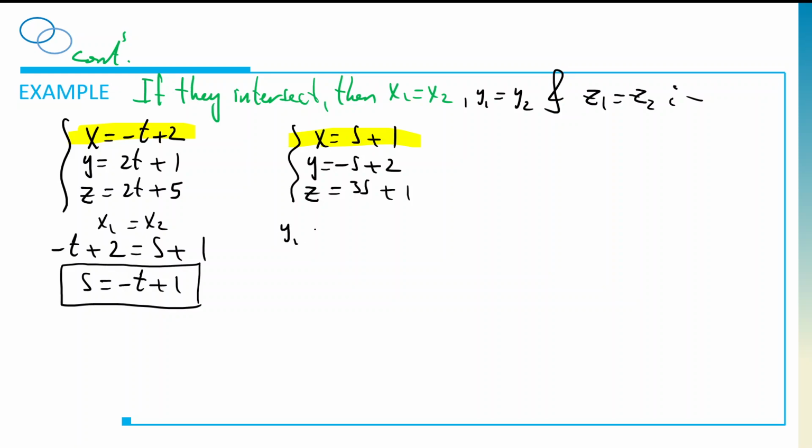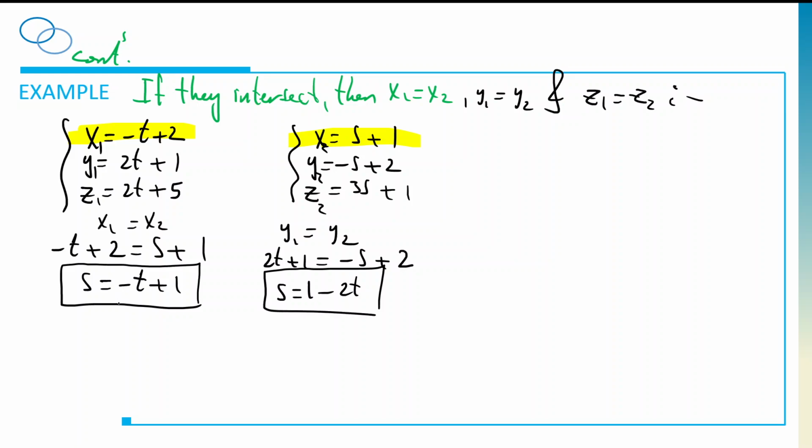Now I'll do y1 equals y2. So this is 2t plus 1 equals negative s plus 2. Solve this again for s. So s equals 1 minus 2t. Now this is a system of equations.